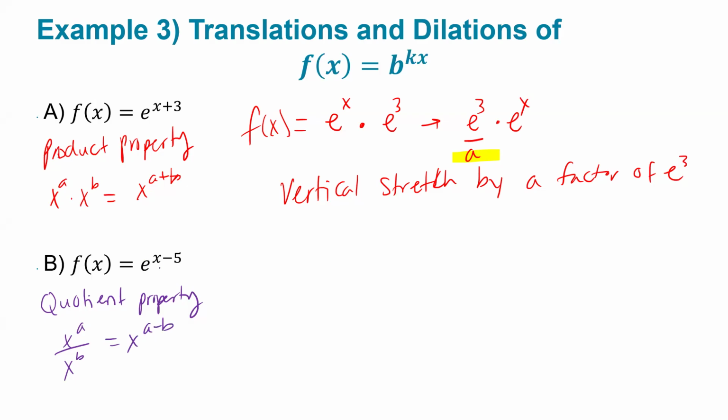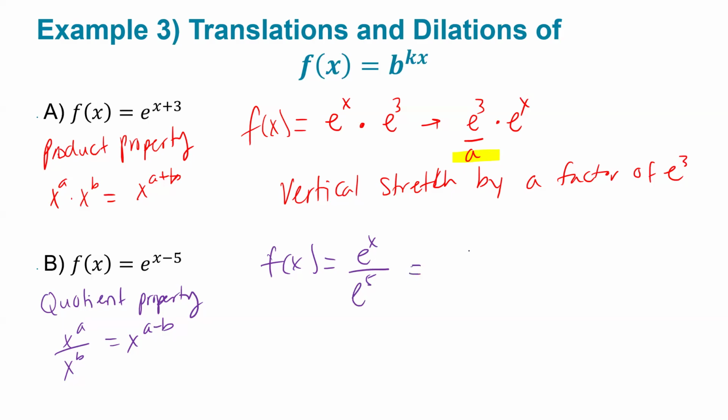So if I have e to the x minus 5, I'm now going to separate it into a division problem. So it becomes f of x equals e to the x divided by e to the 5, because based on the quotient property, I can go back and forth.